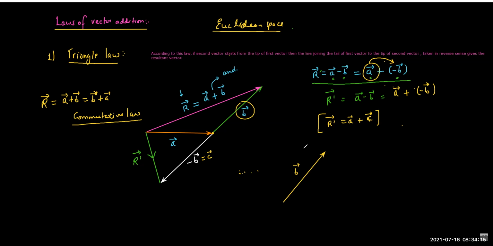We have the A vector given like this and the B vector given like this. So this is your B. Then how is A? A looks like a horizontal kind of thing. So A must be drawn from the tip of B.